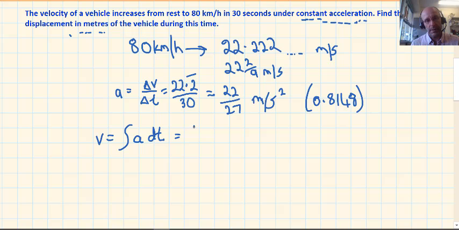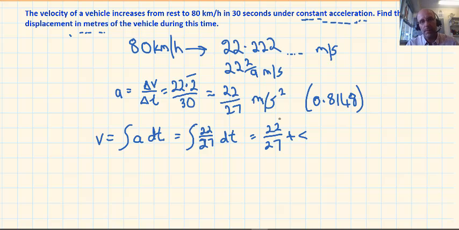Here we have a constant being integrated. So that's 22/27 t plus constant.